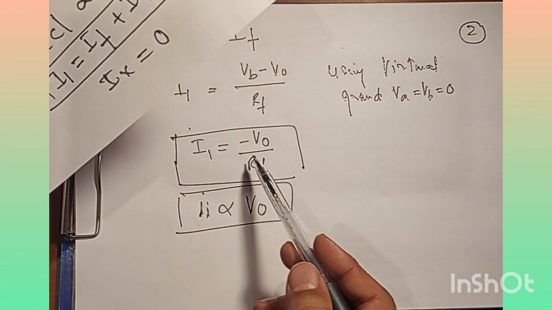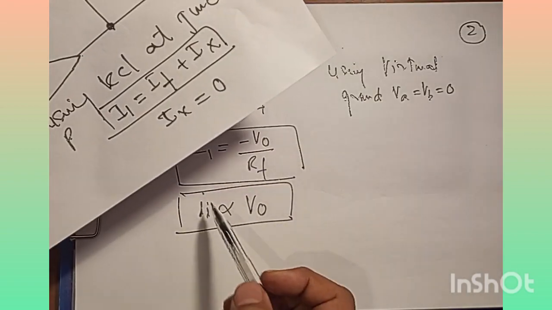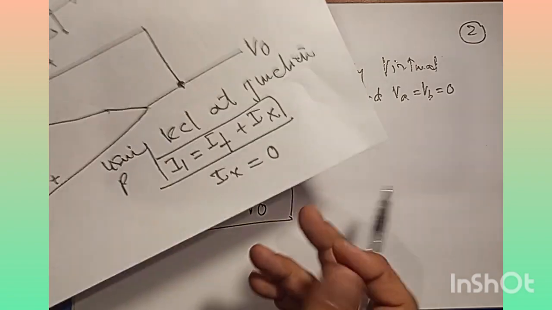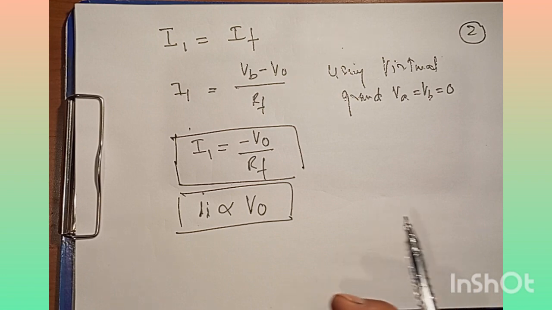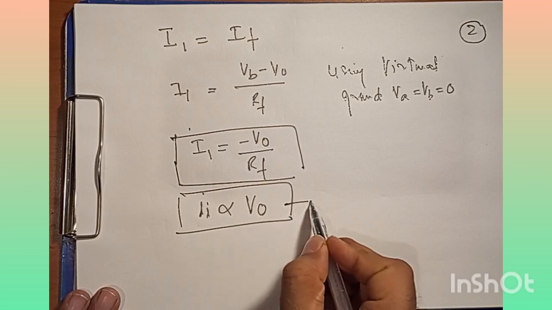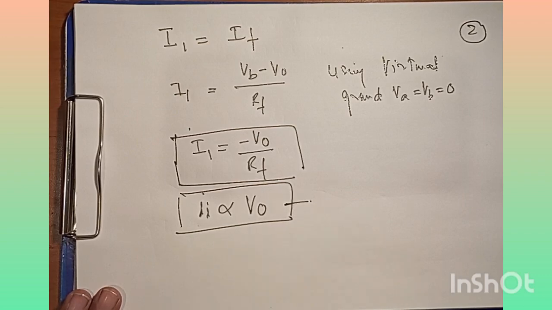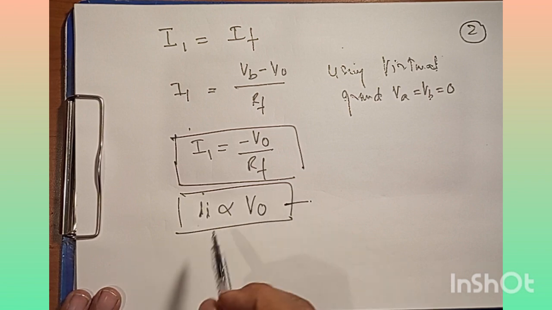That's why we have the negative sign in the final equation. So here we have come to a conclusion that the input current is directly proportional to the output voltage, and we have obtained a relation for the input current and the output voltage.